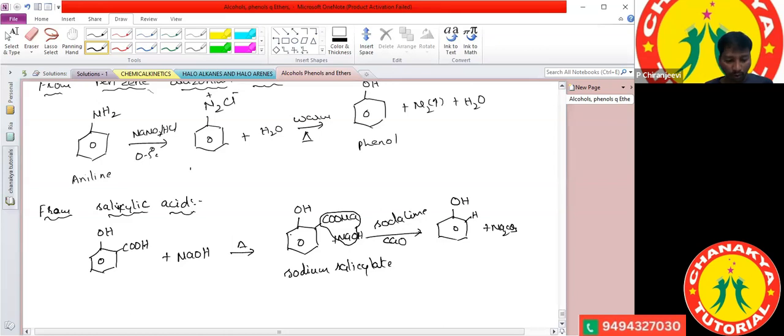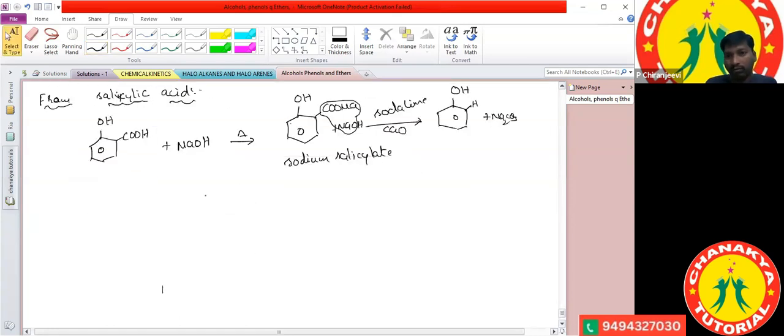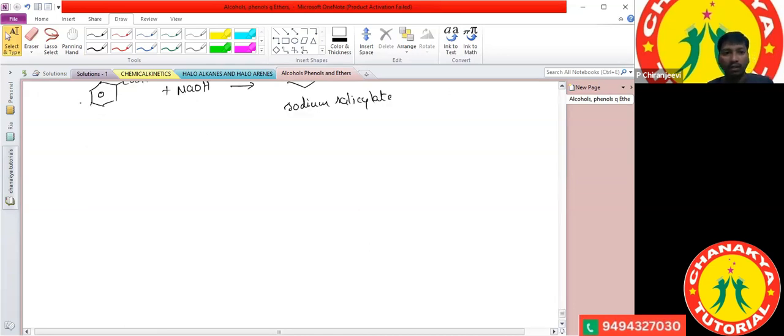So then, what are the properties? Now we can check the physical properties of alcohols. Do you have any idea about the properties of alcohols? Properties of alcohols, any one of you?